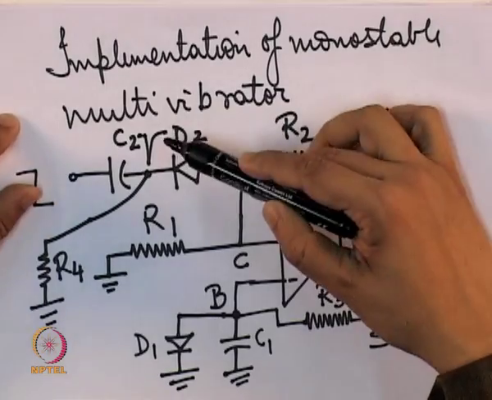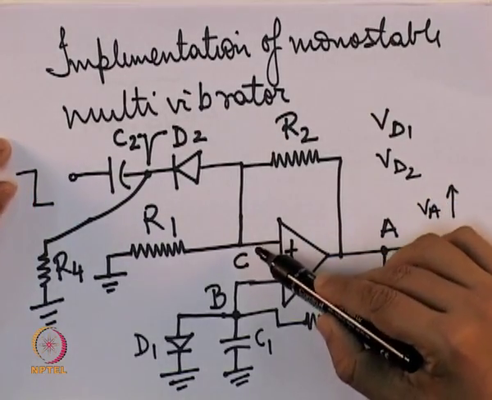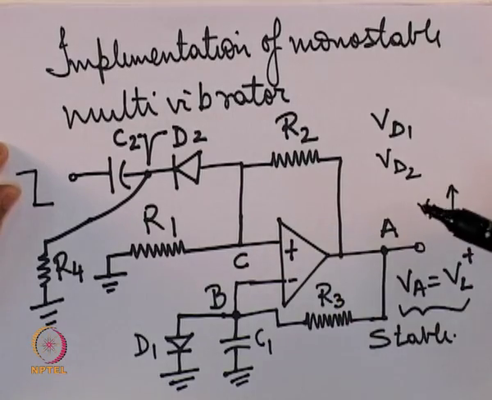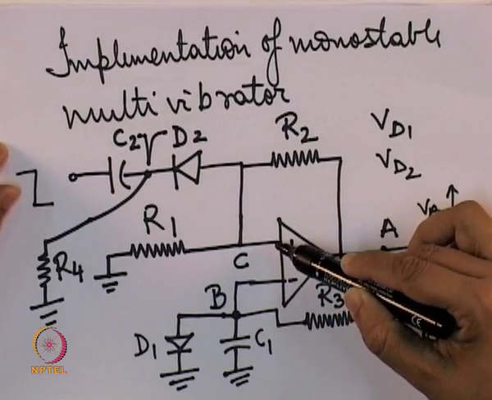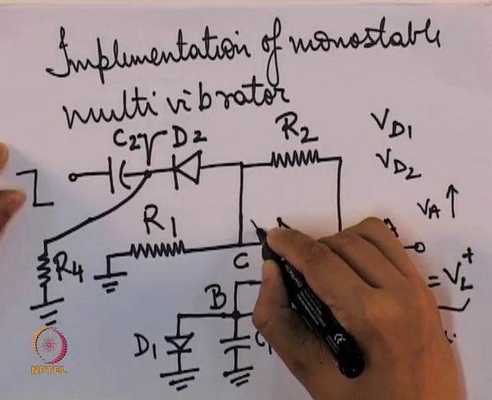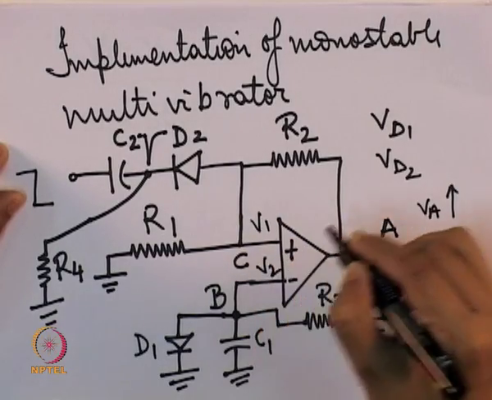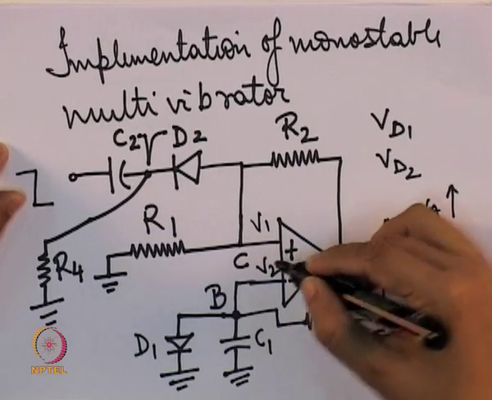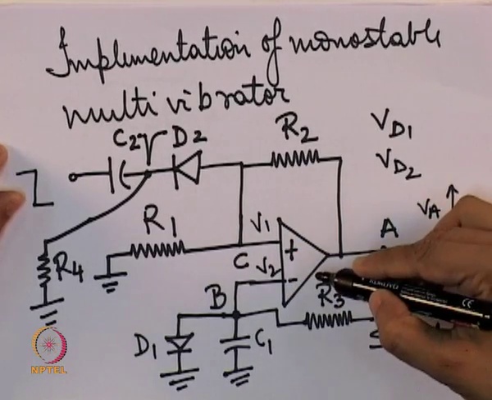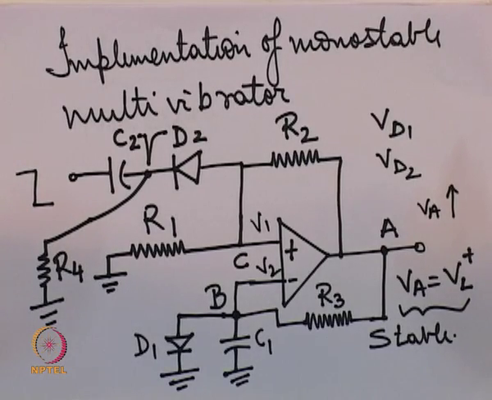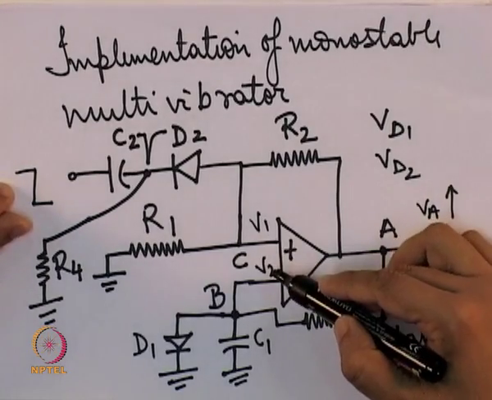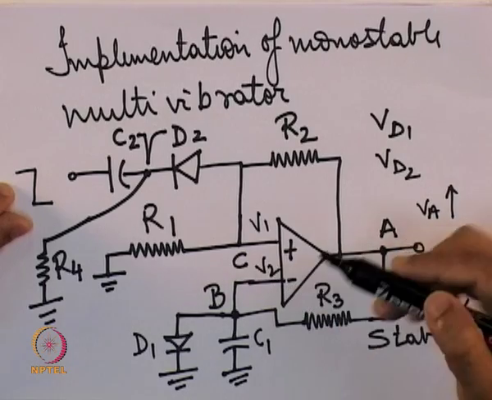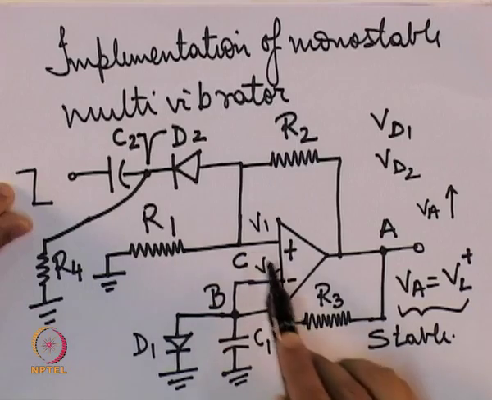Once this spike is transmitted to the terminal C, what happens? Suppose I call this V1 and V2; V1 minus V2 becomes momentarily negative. It was positive before this spike arrived.